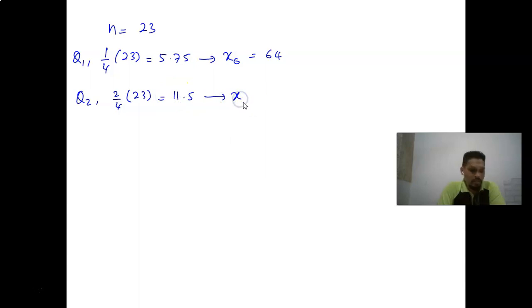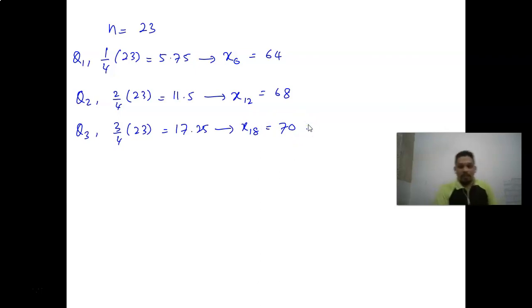That makes it the 12th observation, which is equal to 68. And the third quartile, or 3 over 4 times 23, equals 17.25. So that makes the third quartile the 18th observation, which is equal to 70.